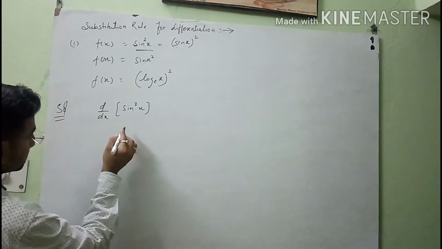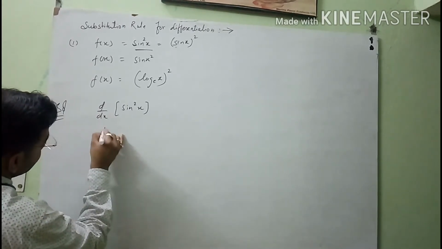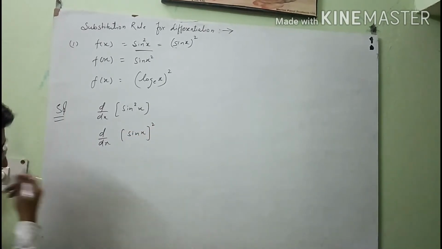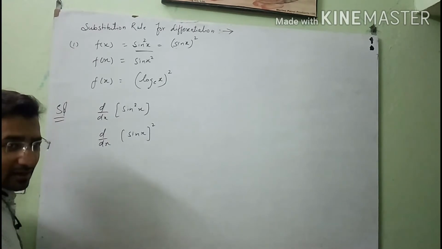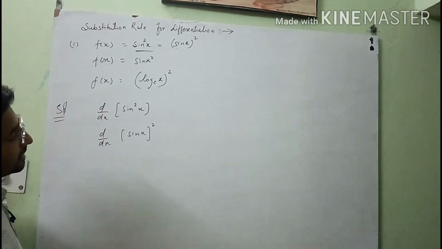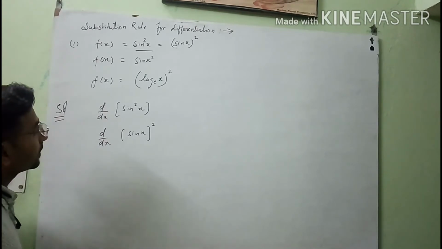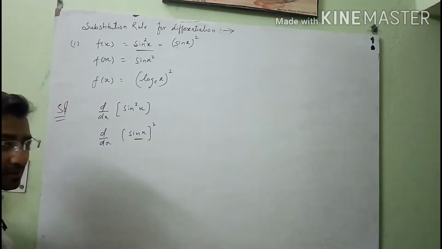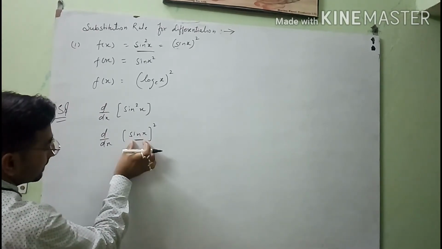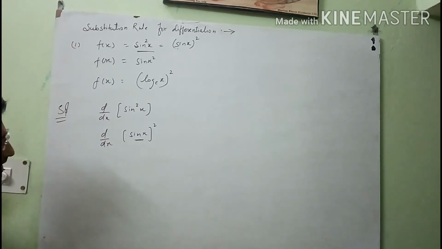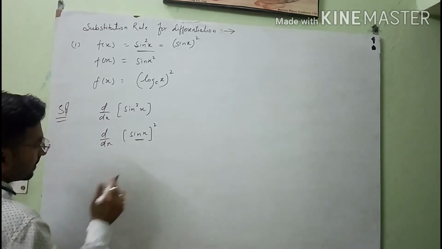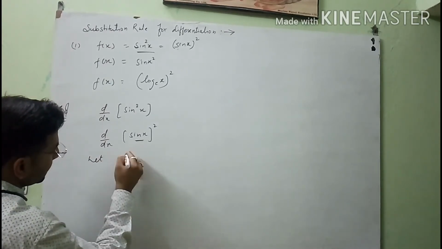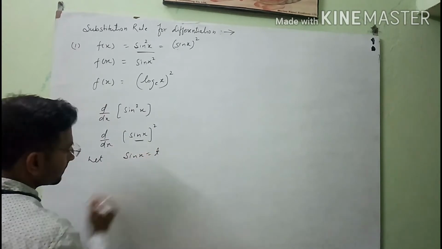So I will follow here. See what we will do first. First I will write this function like that, sin x whole square, and we know that right now there is no direct method or direct way to solve this question without the knowledge of differentiation. So first of all I will consider this function as some other function. Let us suppose that sin x is equal to t.